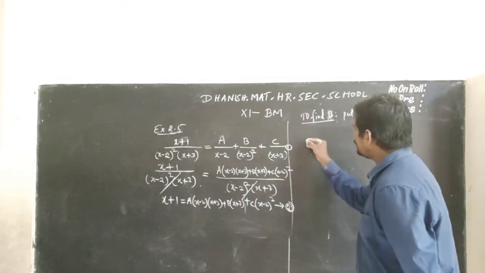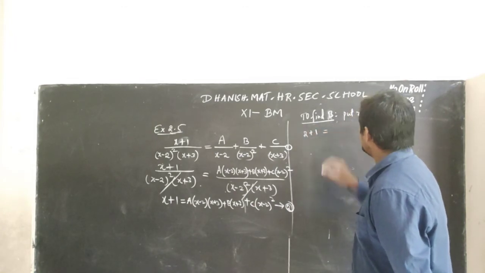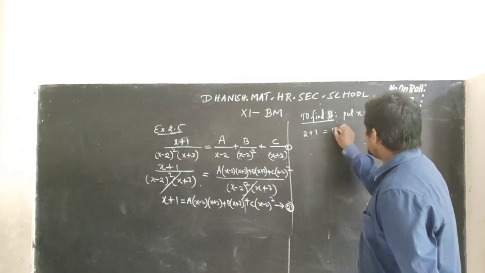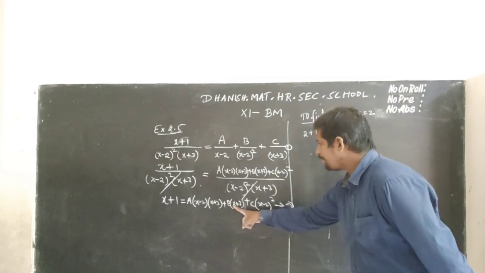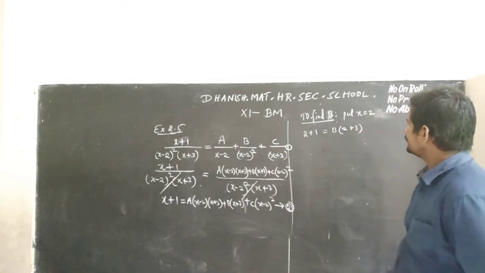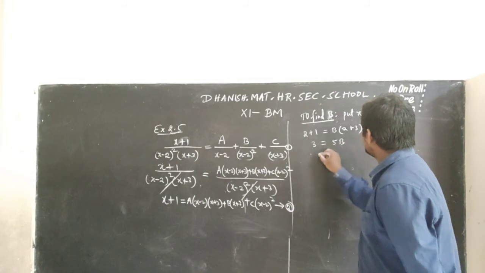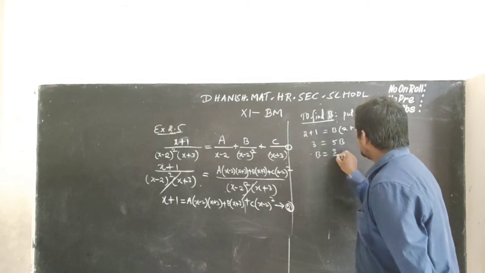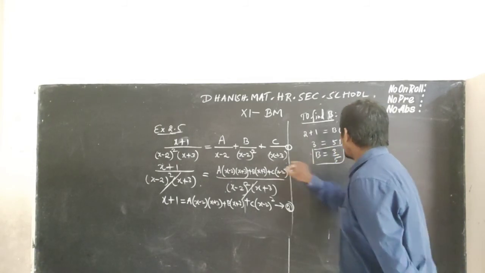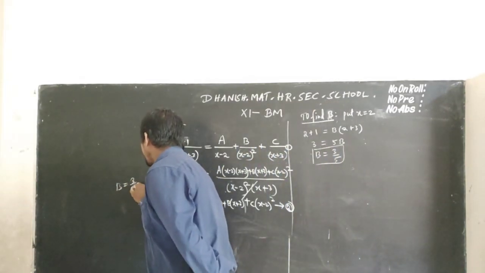So the equation becomes 2 plus 1 equal to b into, instead of x I'm going to put 2 plus 3. 3 equal to 5b. We got our first value, b equal to 3 by 5.